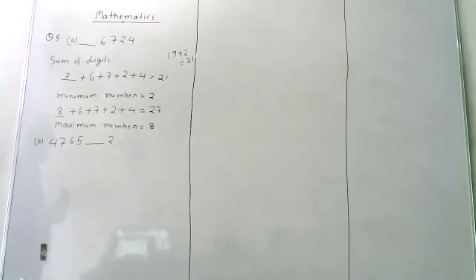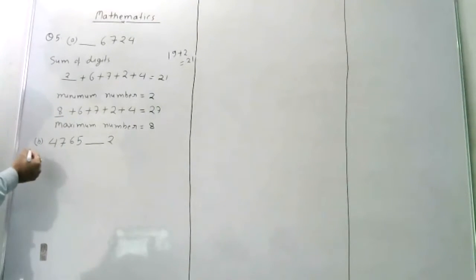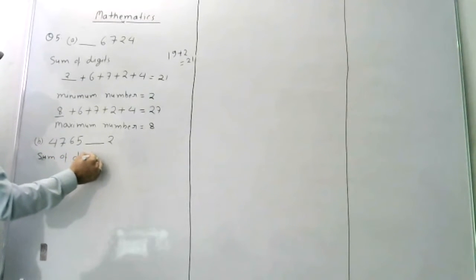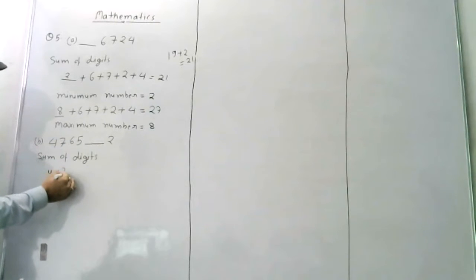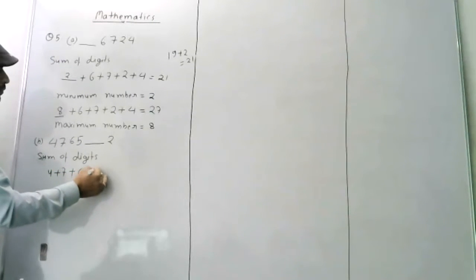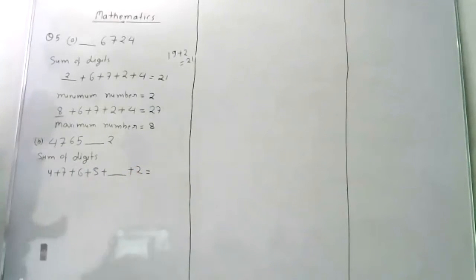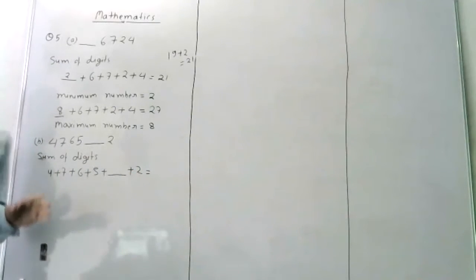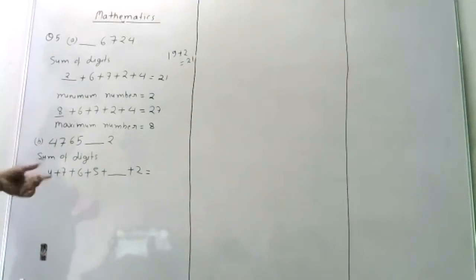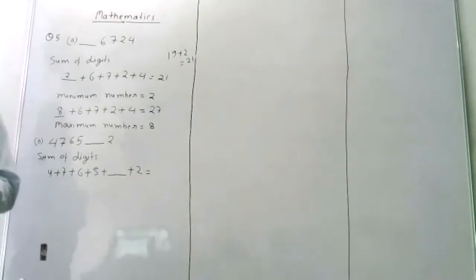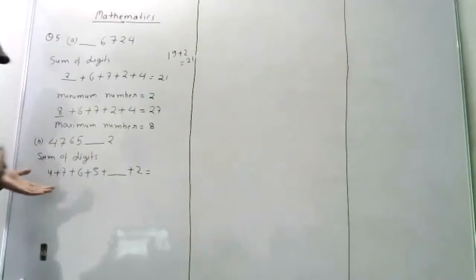Now students, the sum of digits: 4 plus 7 plus 6 plus 5 plus a blank place plus 2. If we put this, the sum is 4 plus 7 plus 6 plus 5 plus 2, which is 24. The sum is 24.